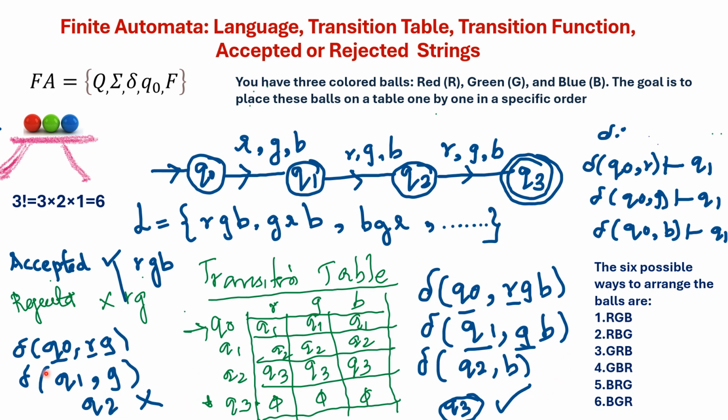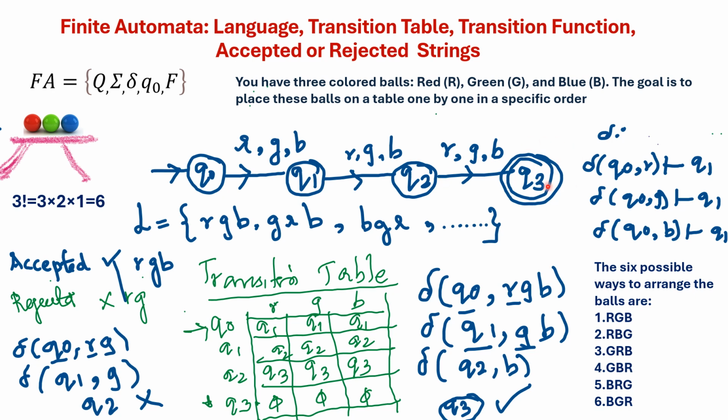Here, not like this. Definitely this condition is not satisfied. Suppose you take RG, that is 2 inputs. Our goal is to arrange 3 balls, that is 3 different colored balls. So for RG, Q0 comma R gives Q1. Again Q1 comma G gives Q2. Q2 is not a final state.